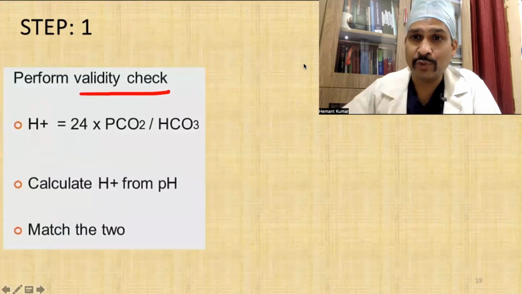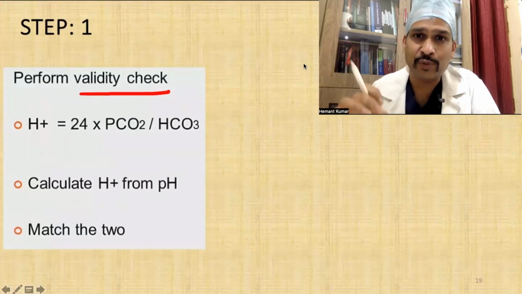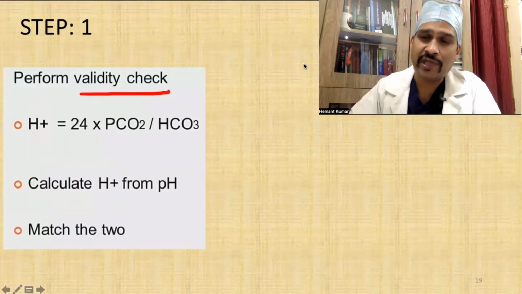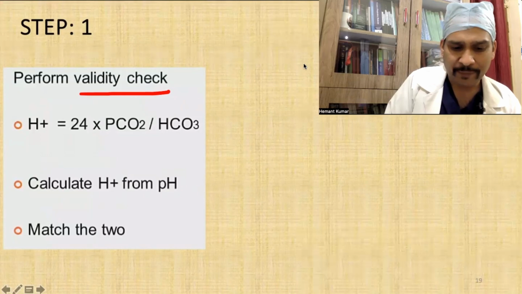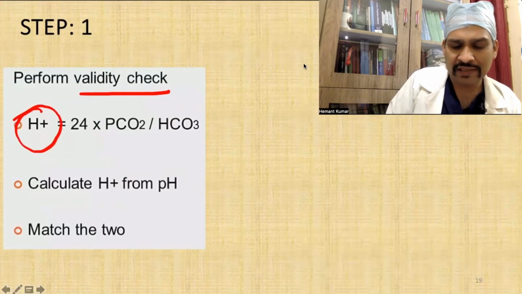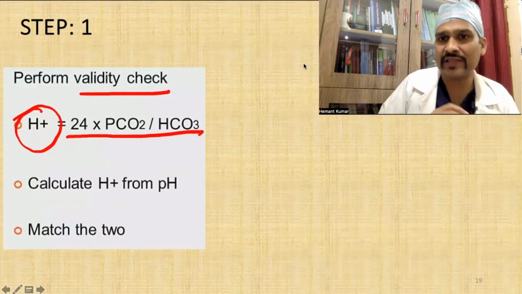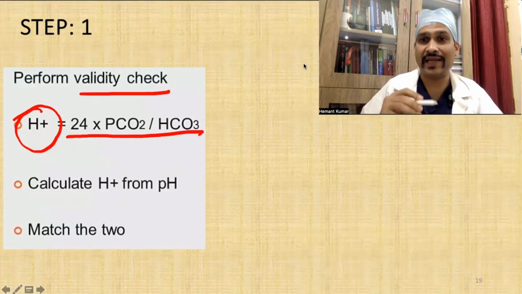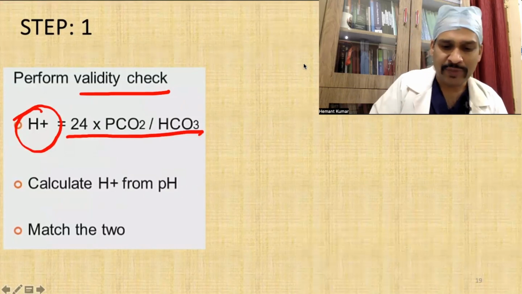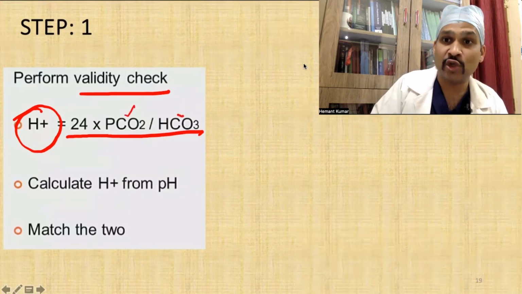We should not jump to interpret the ABG, but check whether the ABG we are going to interpret is right or not. So we have to check validity. How to check? We calculate the H+ concentration by this formula: 24 into PCO2 by HCO3.